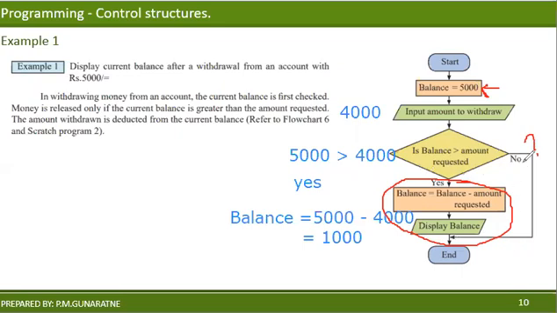It is allowed to not have anything under the no path, but at least you have to have one process in the yes path. When it comes to the no path, you can have something in it, or even not have, it depends on the situation. Here you don't have to have something in that part. So this is the example one.